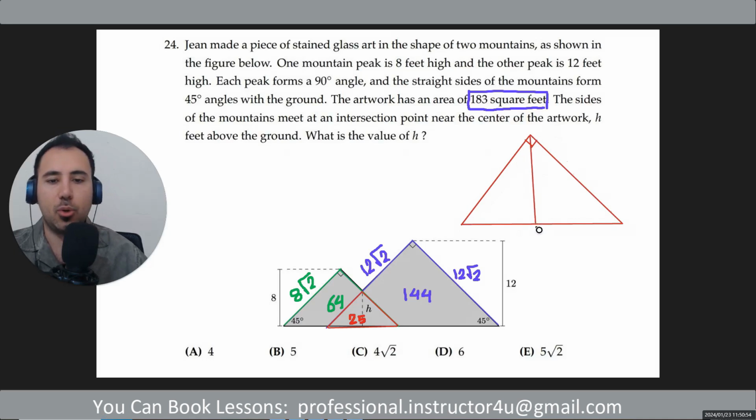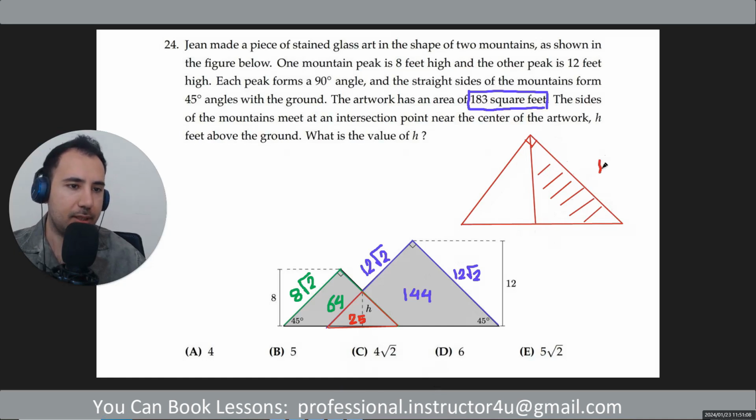So the total one was 25. So what is the area of the half? Half of 25 is 12.5. So the shaded part is 12.5. And again, we want this H.